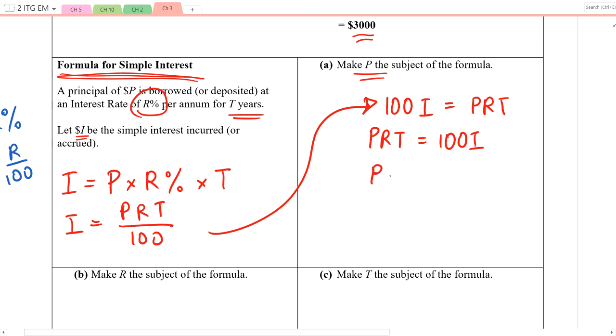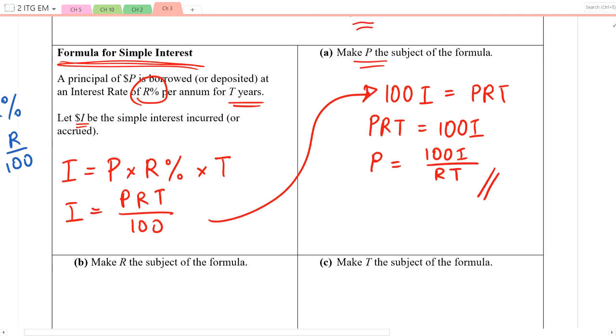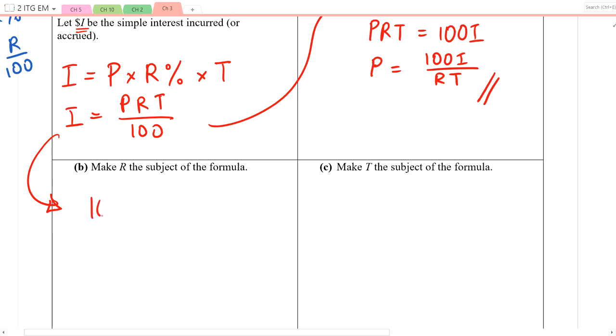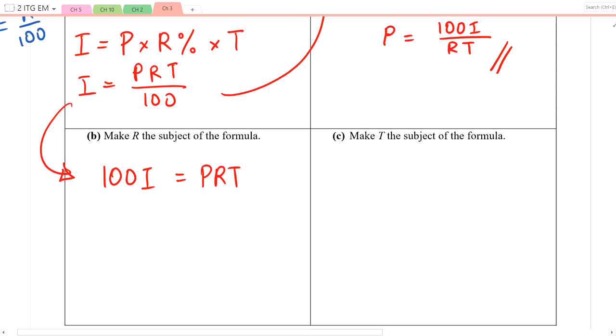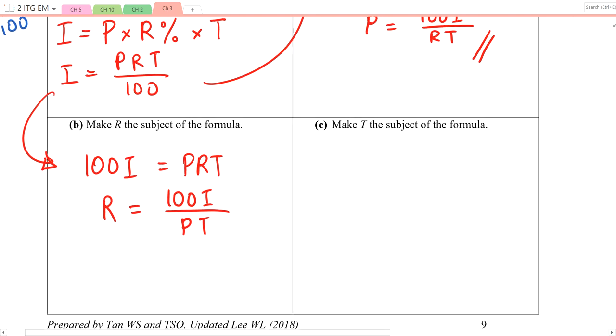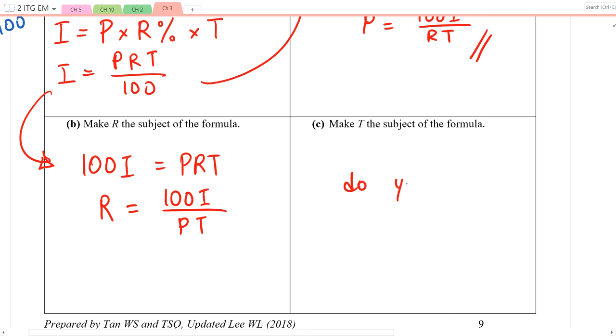Making P the subject, we need to divide both sides by R and T. If we want to make R the subject, again multiplying by 100 on both sides, we get 100I equals PRT. If you're able to do it without switching sides, go ahead, we get R equals 100I over PT. And this one you can do it yourself.